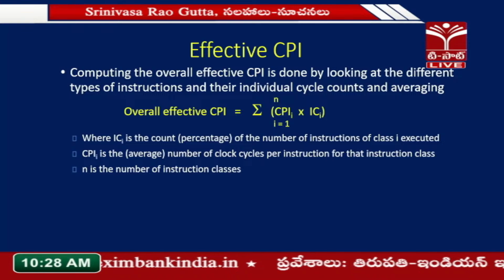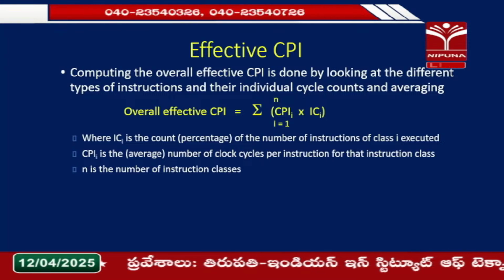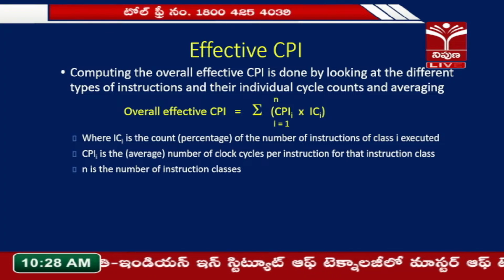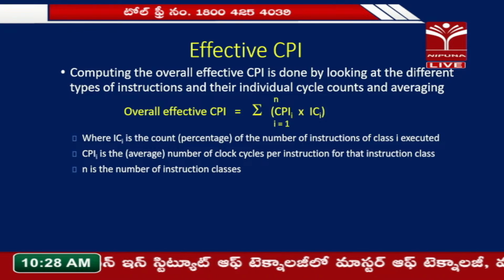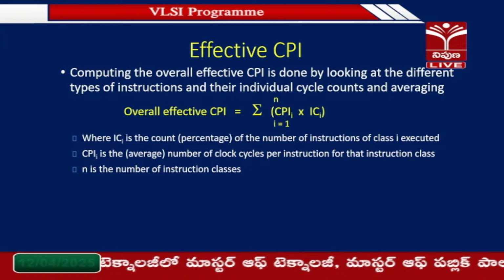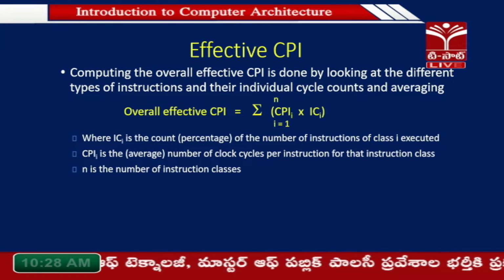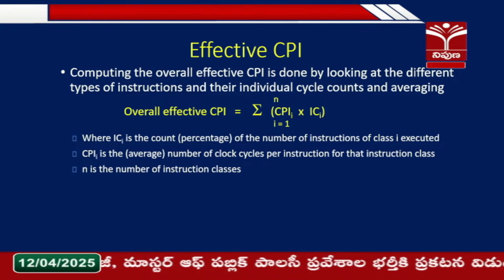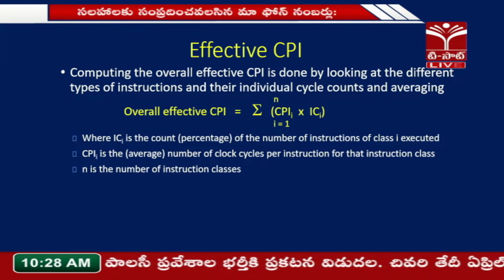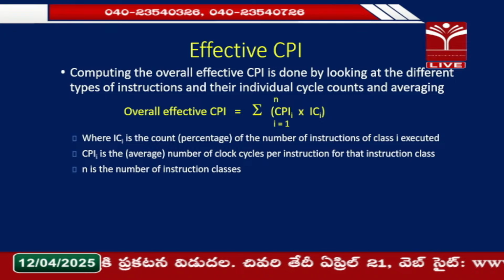So, this is another way of looking at it, the effective CPI. Whatever we discussed, the clock cycles per instruction and the instruction count, summed over the average, gets the overall effective CPI. And any computer designer always tends to create a CPU architecture where they want this CPI, the clock cycles per instruction, to be equal to 1.